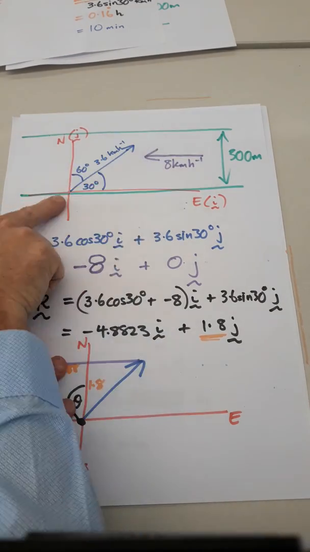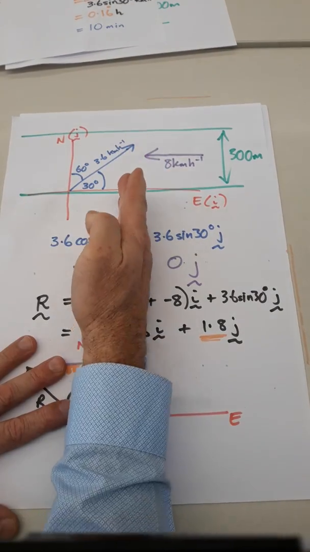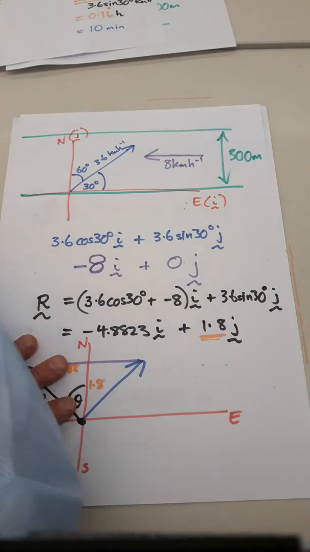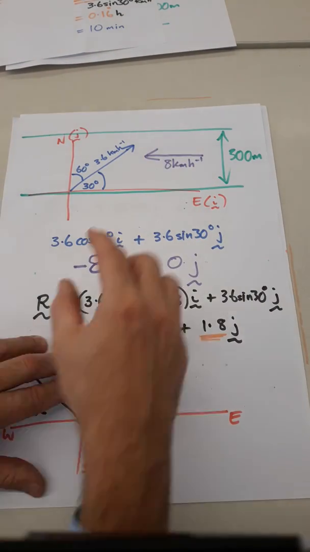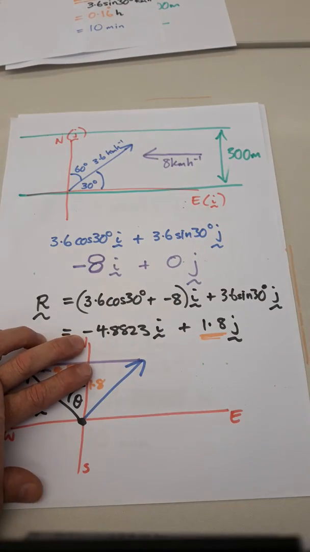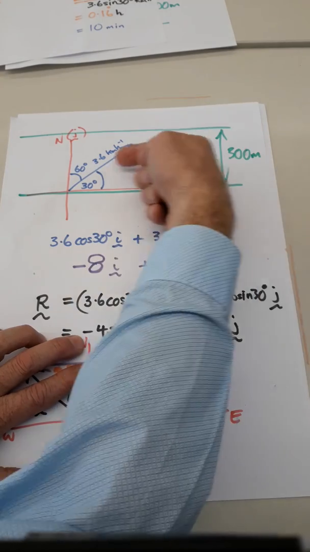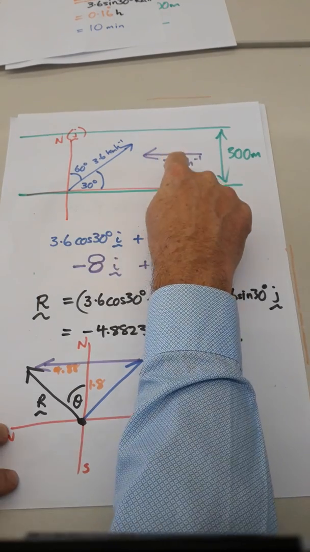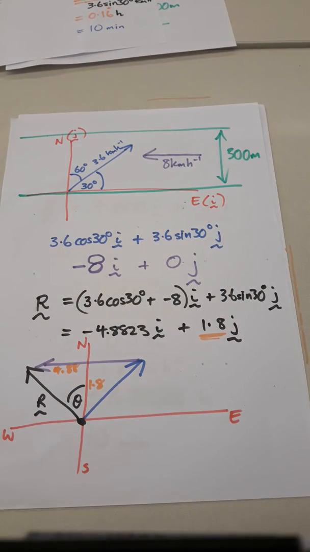And with his original motion in that direction, he's still going with the same speed across, whether he gets pushed down that way or not. So it's still going to take the same time to cross the river, whether that water is flowing in that direction or not. In the next question, we might change the direction of flow, and then the time might change.